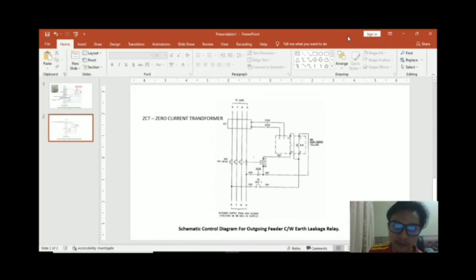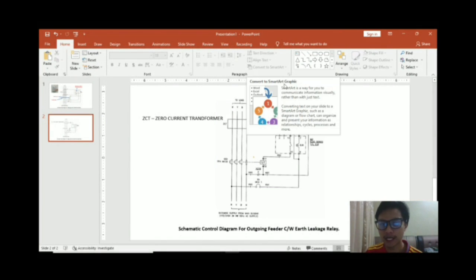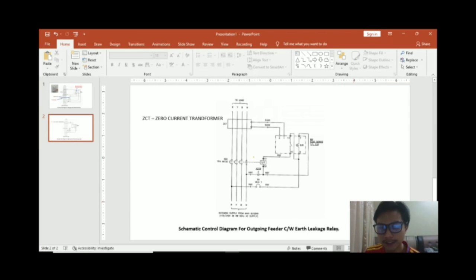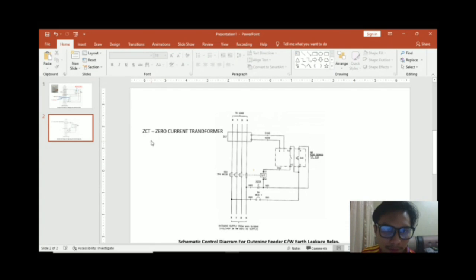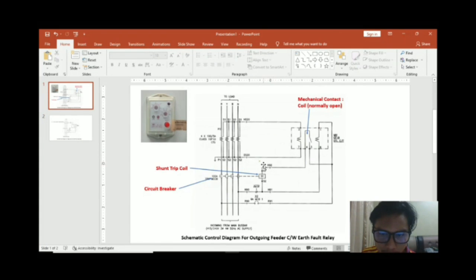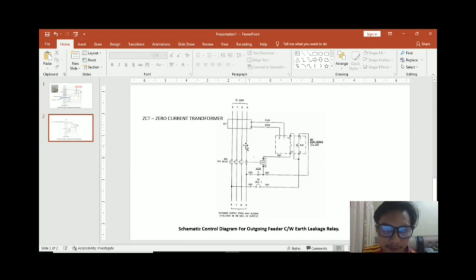Next I will explain the earth leakage relay. The earth leakage relay is not very different from the EFR, but slightly different in the CT. As you see, the EFR uses the CT, and for leakage it uses the ZCT, zero current transformer. The ZCT connection is by clamping the red, yellow, blue and neutral.